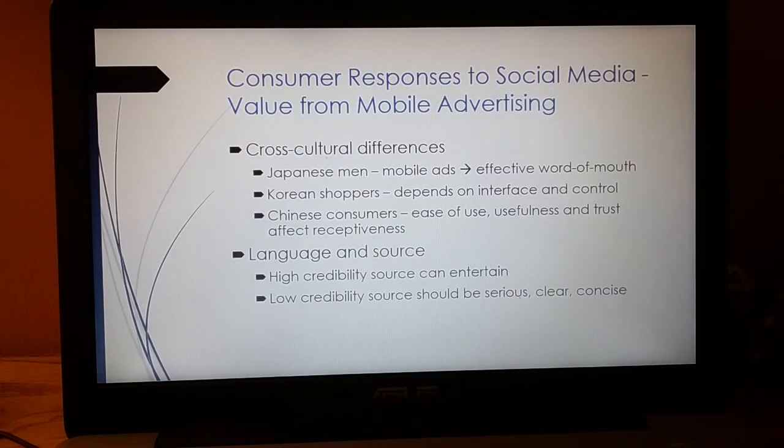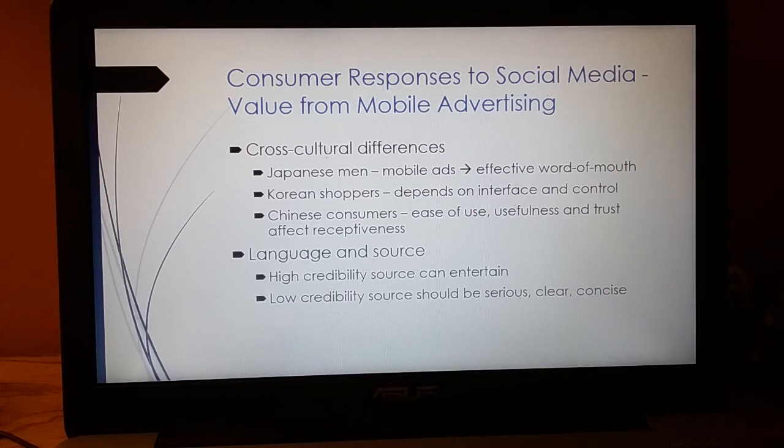Okay, so consumers have different responses to social media, and there are cultural differences. For the Japanese, mobile ads generate effective word of mouth. European consumers showed that cross-cultural differences affect the effectiveness of mobile advertising. So it depends. For some places it works, some places it doesn't.